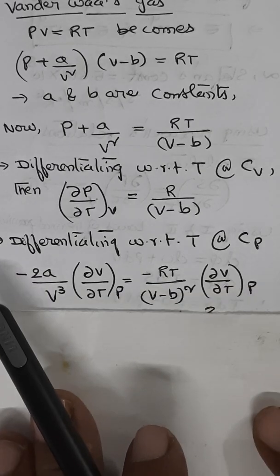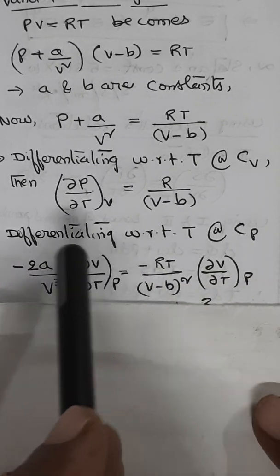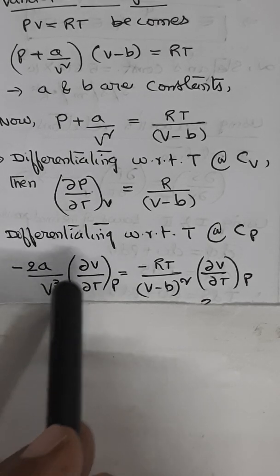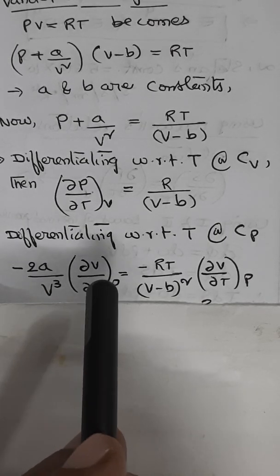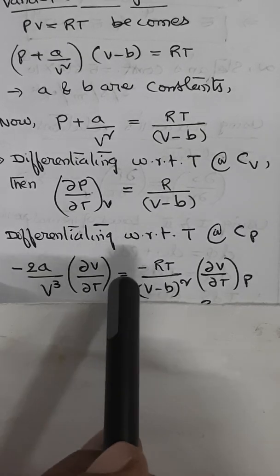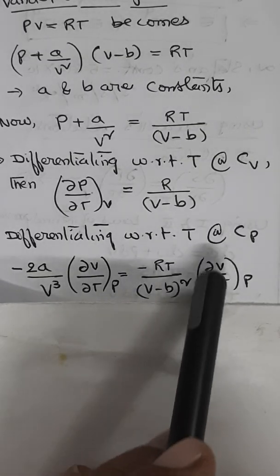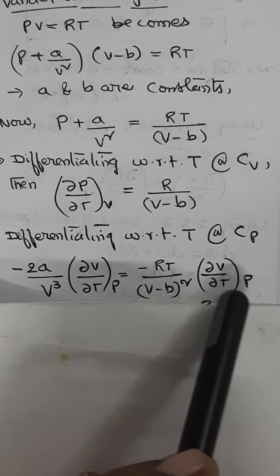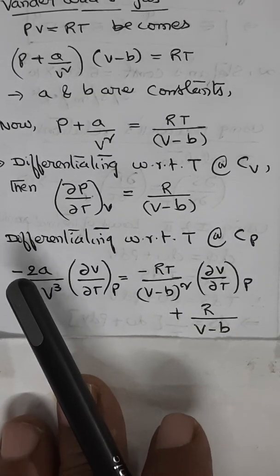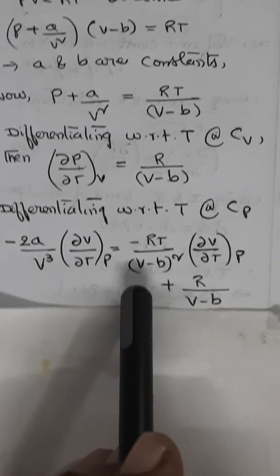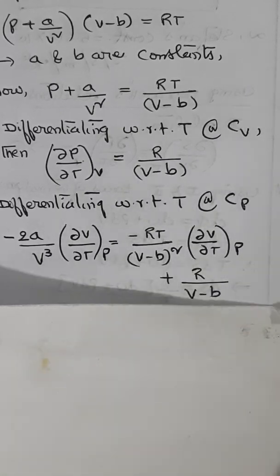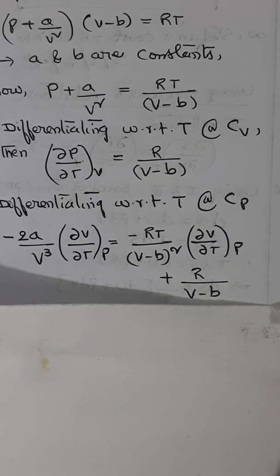Now when you differentiate at constant pressure, that will become minus 2A by V cube into ∂V/∂T at P is equal to, naturally, minus RT by (V minus B) whole square into ∂V/∂T at P, plus R by (V minus B). This is the differentiation result with respect to T at constant pressure.